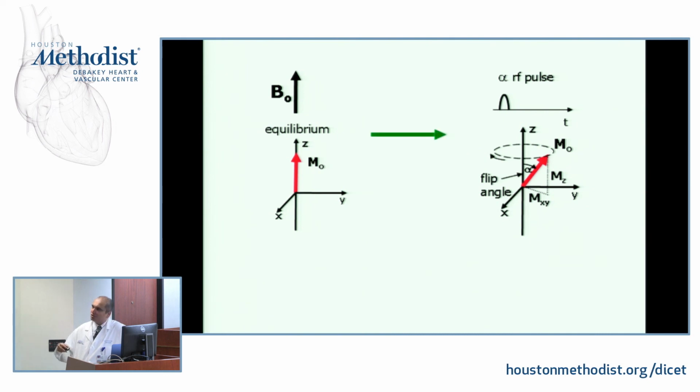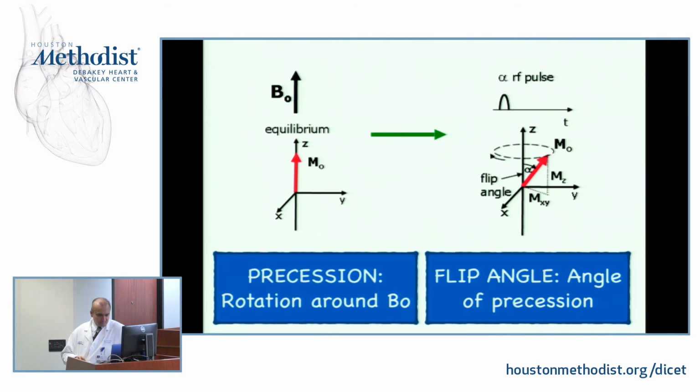And again, the strength of the radio frequency pulse that you send in determines the magnitude of the flip that occurs. That's why the strength of the RF pulse is typically referred to as the flip angle. It's the amount of radio frequency energy that you use to cause a certain degree of tipping of the protons. So a 90-degree flip would tip the magnetization all the way to the transverse plane. A 20-degree flip, on the other hand, would only tip it partially into the transverse plane.